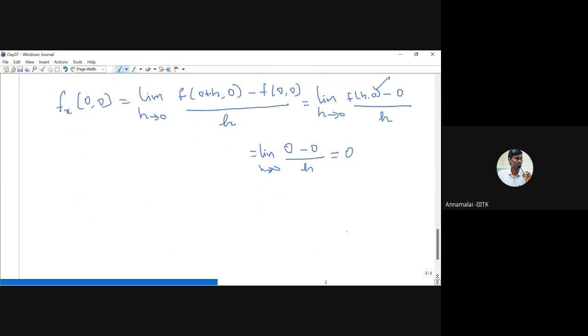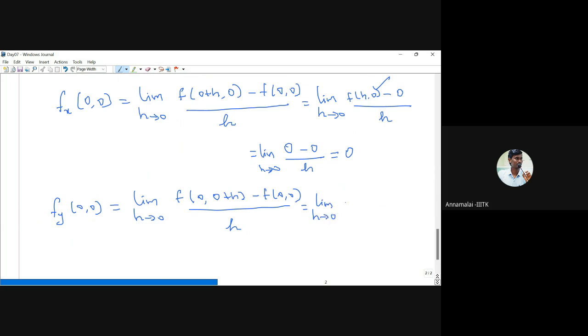Now, similarly, you can find the derivative with respect to y at the point (0, 0). So here x is a constant. Therefore, limit of f(0, 0 + h) minus f(0, 0) by h, as h goes to 0.